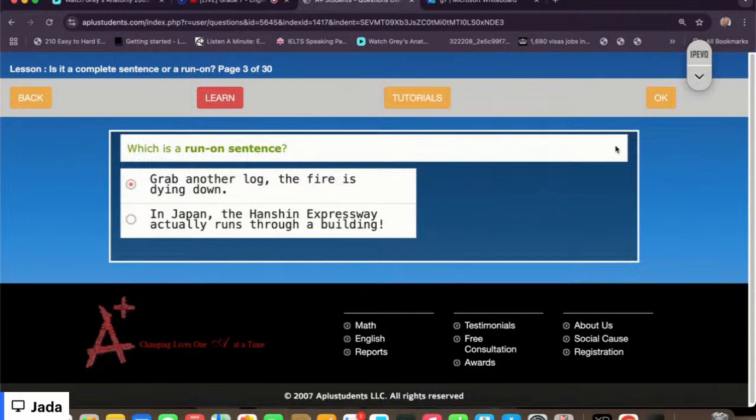Alright, so grab another log, the fire is dying down is the run-on.